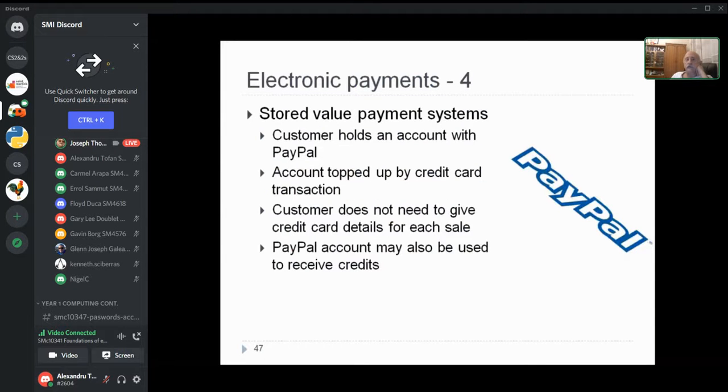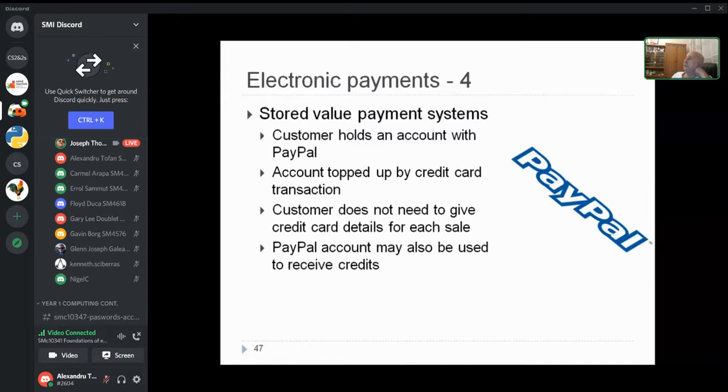Another way is by having stored value payment systems. A good example here is PayPal. So the customer will hold an account with PayPal. You enter your credit card details just once when you open the account, and then with every purchase, you don't need to enter credit card details. You log into your PayPal account, you authorize the payment, and PayPal will automatically take that money out of your credit card and pay the transaction.